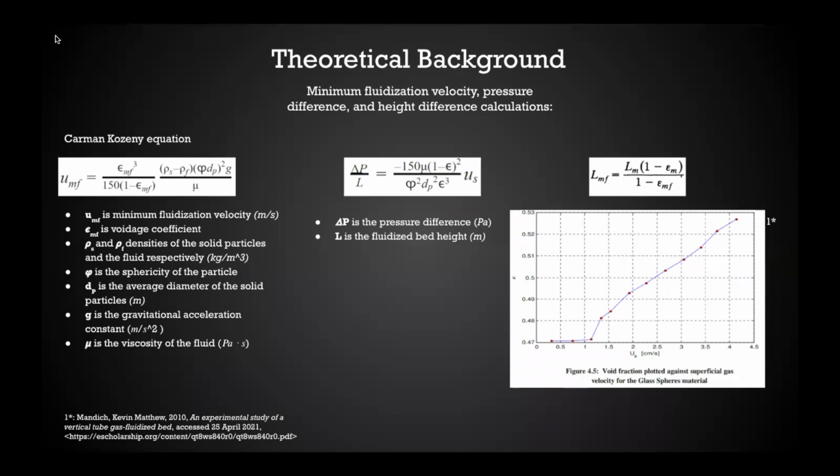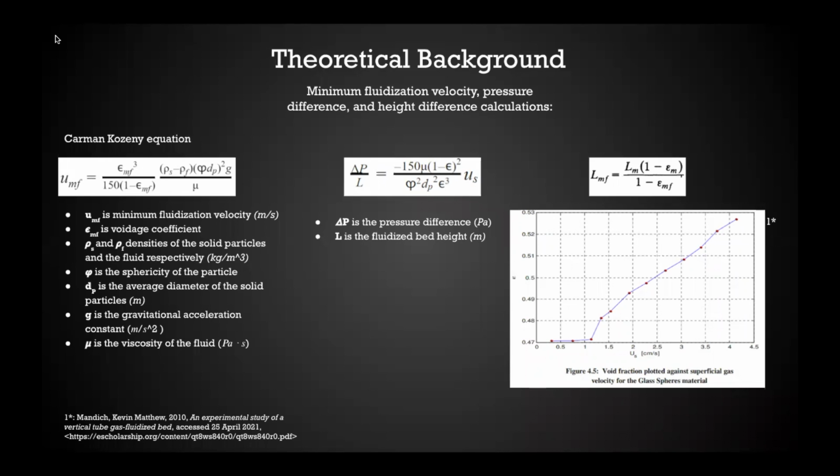The theoretical background for this experiment was relatively simple and straightforward. We started with the Karman-Kozeny equation that you can see on the left side of your screen. We used this equation to estimate the minimum fluidization velocity that must be achieved to start the fluidization process.